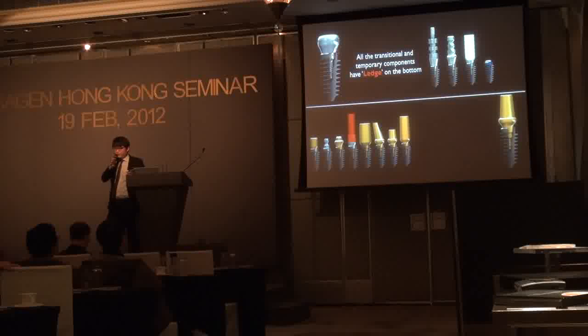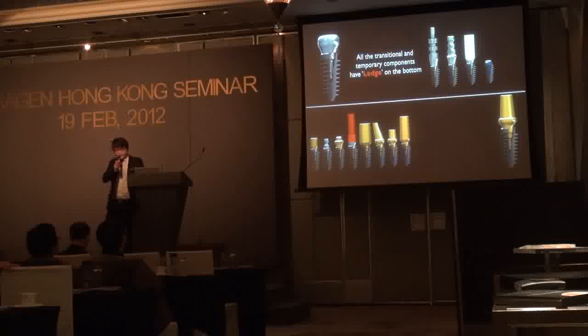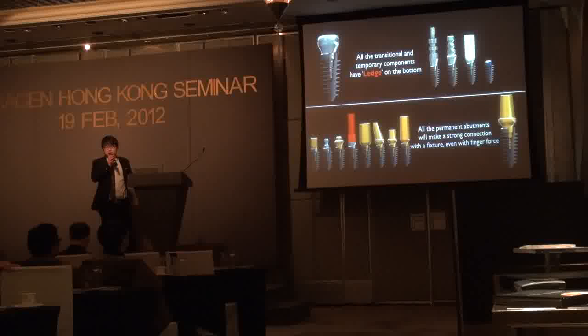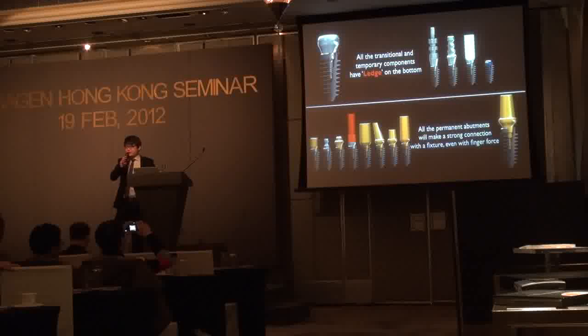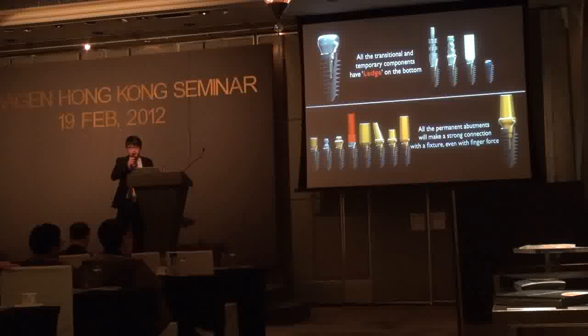You can easily remove them with just a hex driver. But all the permanent abutments, like the gold abutment, the two-piece abutment, the solid abutment, or the ball abutment, will make a strong connection to prevent screw loosening or any other problem.